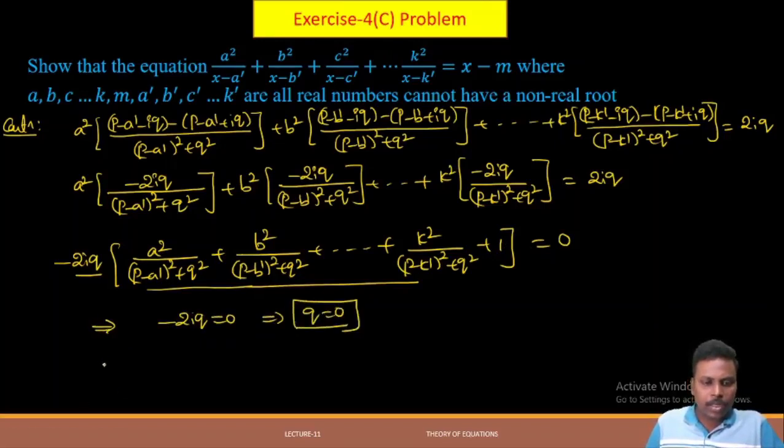That means the complex number p plus iq is equal to p plus i into 0, that becomes p.